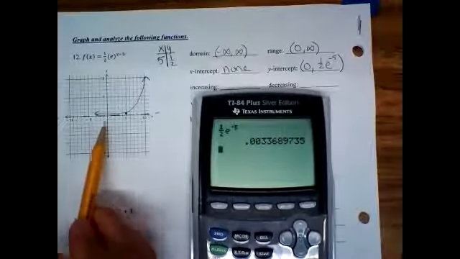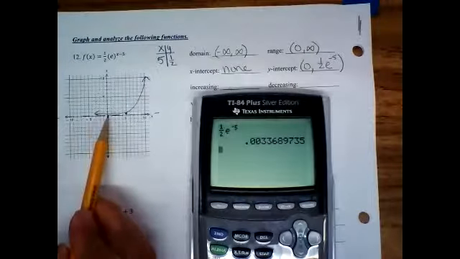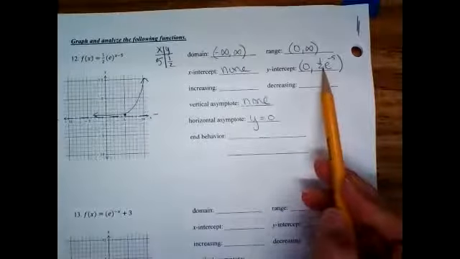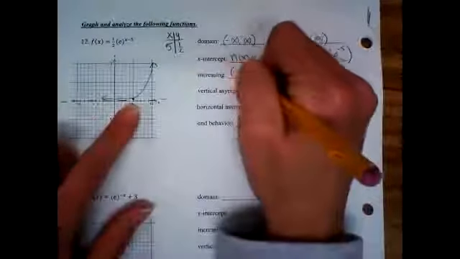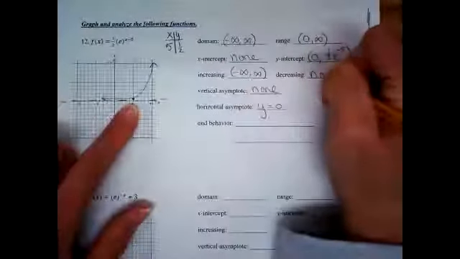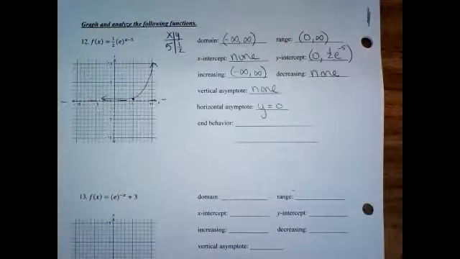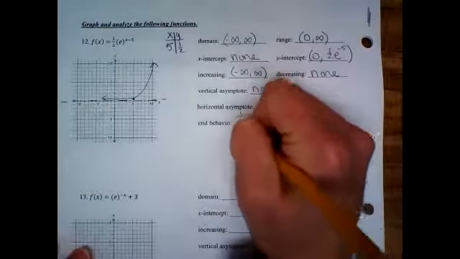Does that make sense that this would be like 0.003? But without a calculator, you just leave it like that, which is great. All right, is it increasing or decreasing? Increasing. Decreasing will be none. And then end behavior.